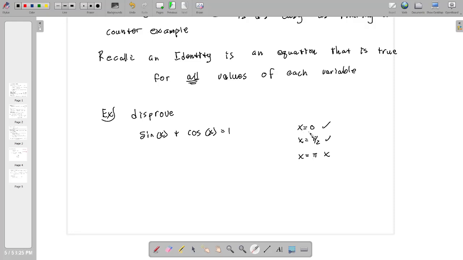As you can see, I have one that is not an identity, and I already tried 2 values. If I stopped after the second value and said it works for all the values, that's not the case. If you're going to disprove an identity, you can do it this way, because you just need to find one case for which this quote-unquote identity doesn't work.